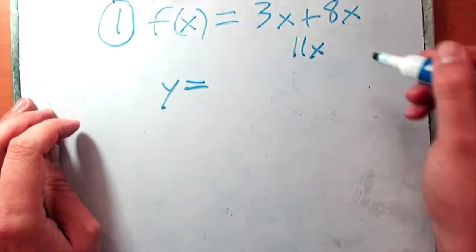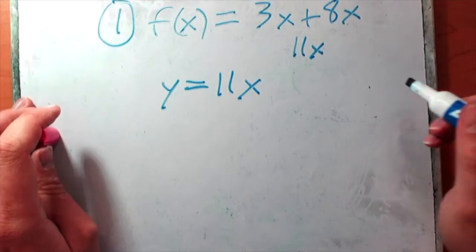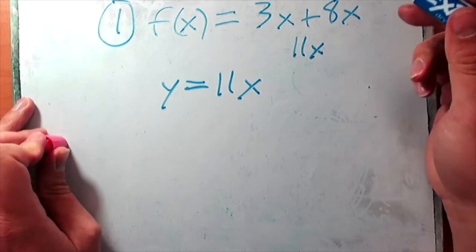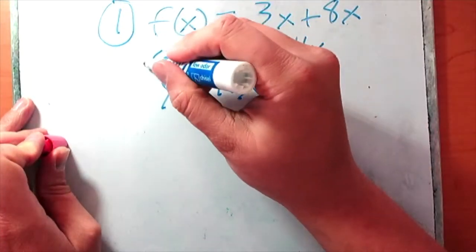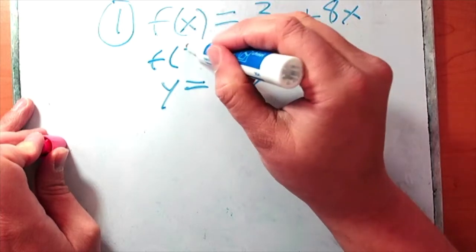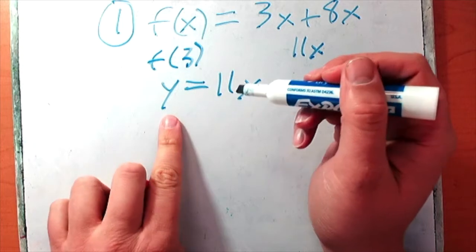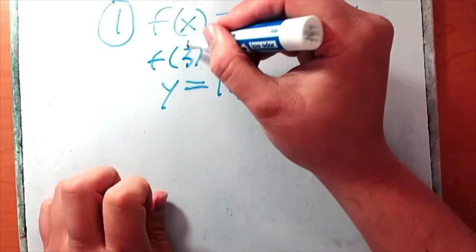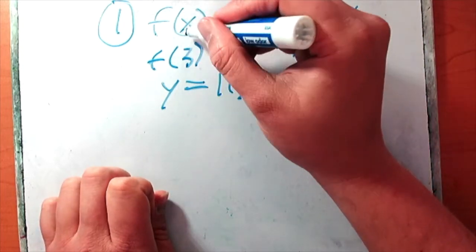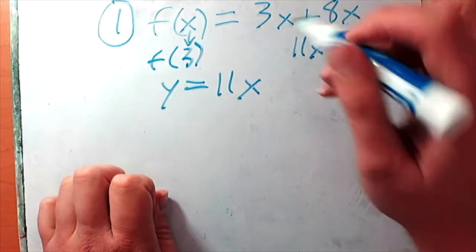Okay, so y equals 11x. But in the question, I gave f of 3. So while you can think about this side like y, we've basically been told x, this value, is replaced with all the x's.